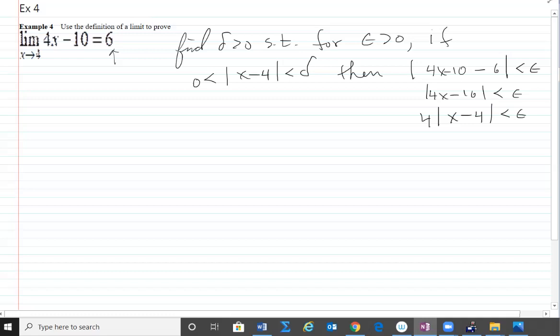That's convenient for us because that tells us that this would imply this, x minus 4 less than epsilon over 4. So if we were to choose something of this size, epsilon over 4, or less than epsilon over 4, then we could work our way backwards and get back to this statement.